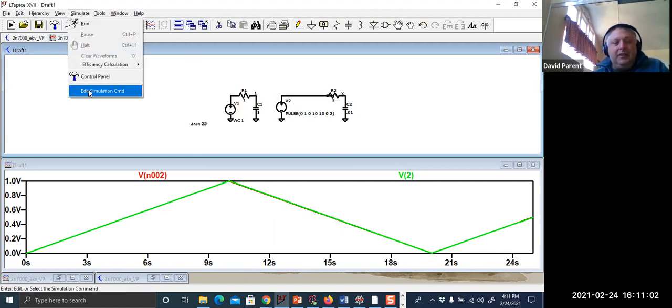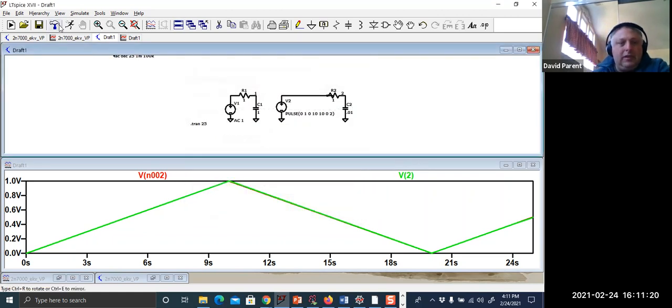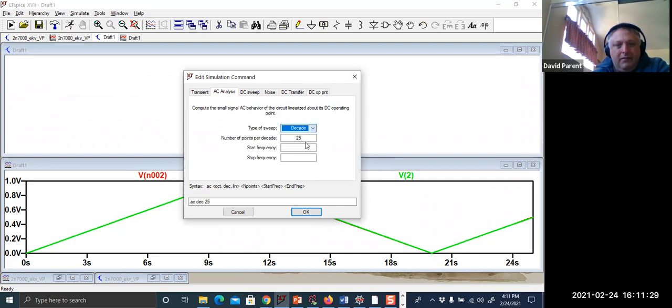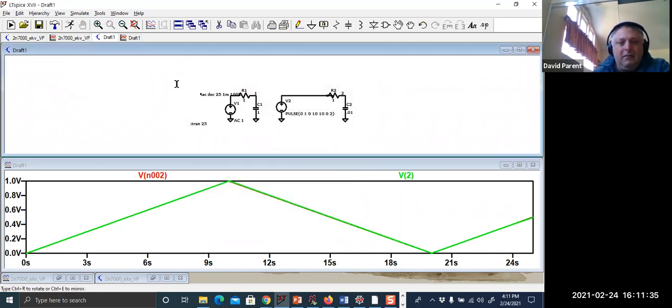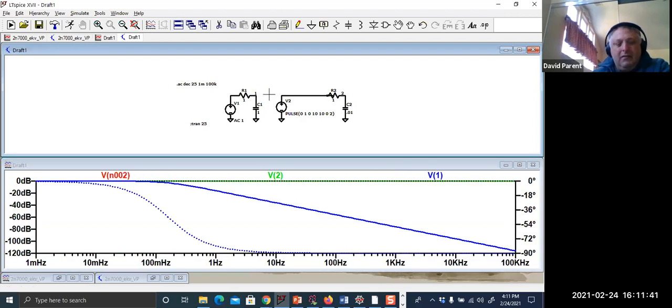Now, if we simulate it, you see our low pass.